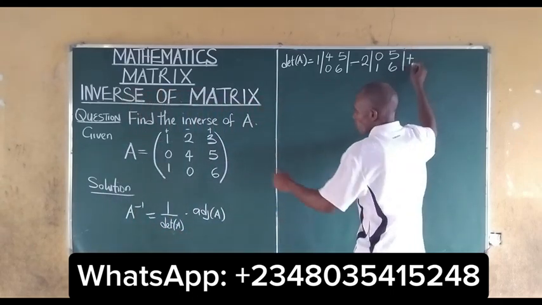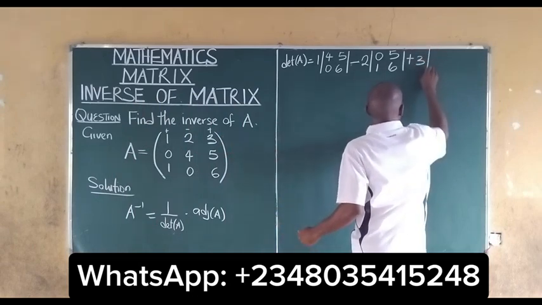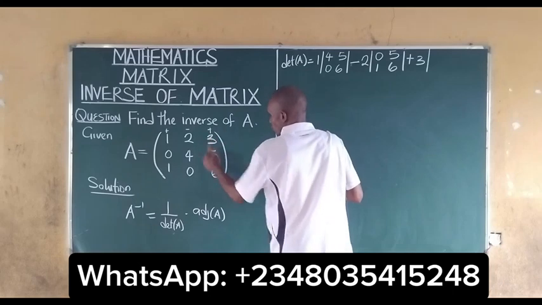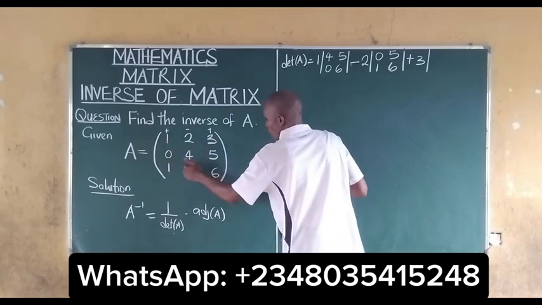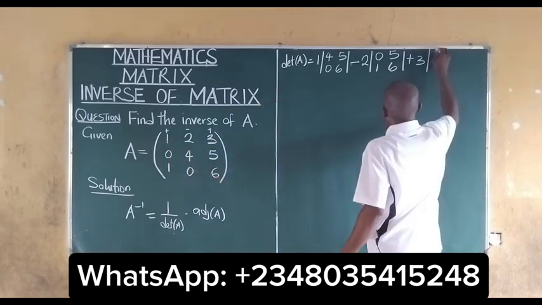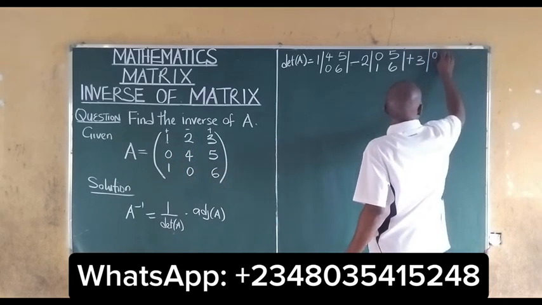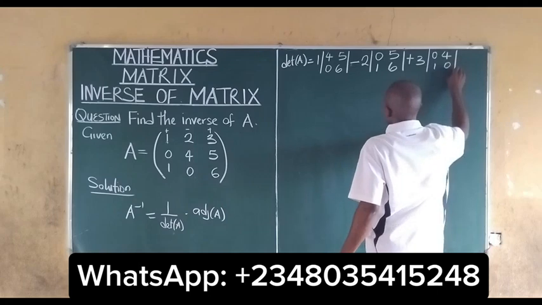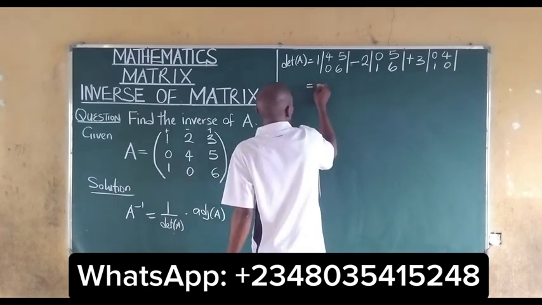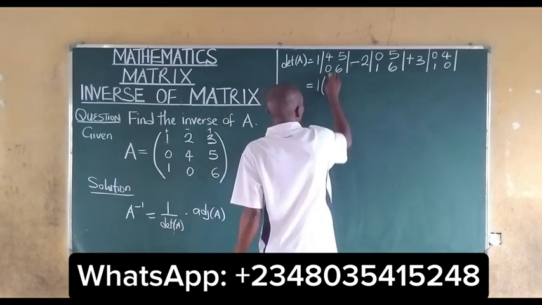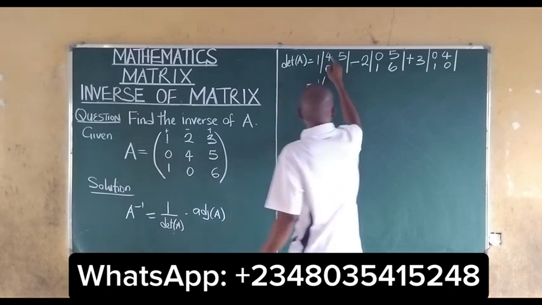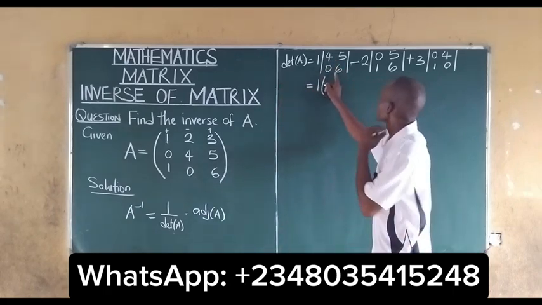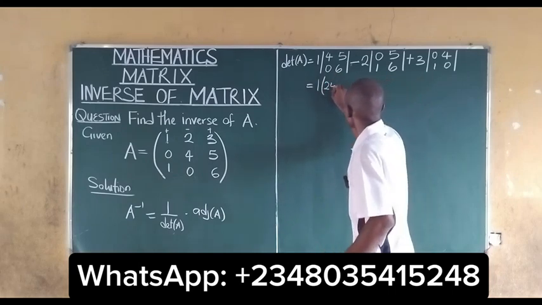So the next one, we ignore the whole of this, 0 4 1 0. So the determinant will be 1 multiplied by 4 times 6 is 24 minus 0.